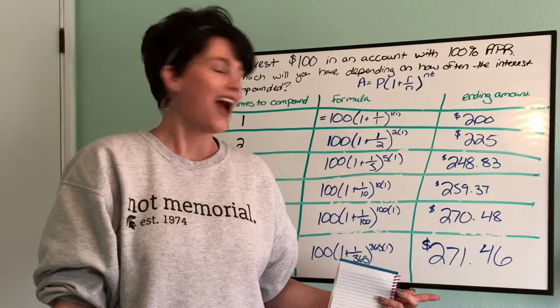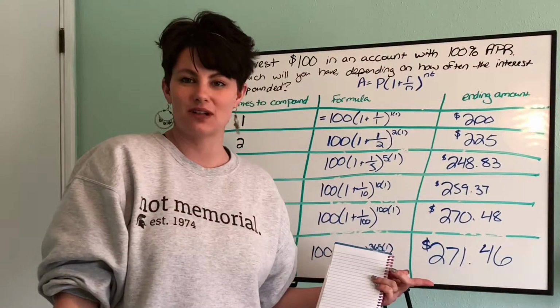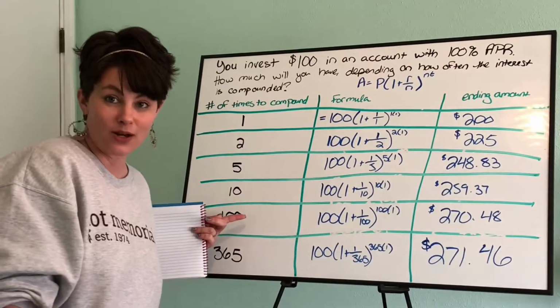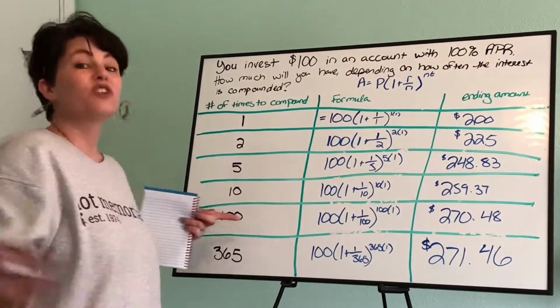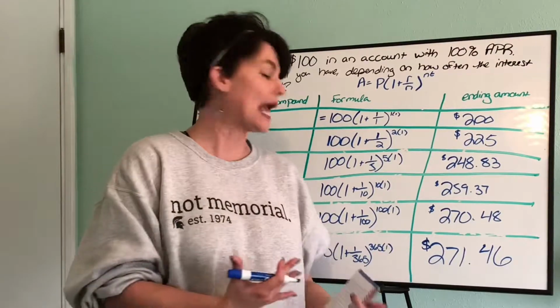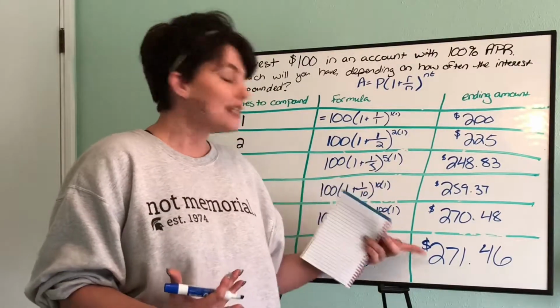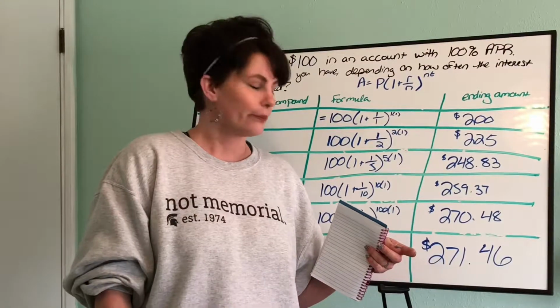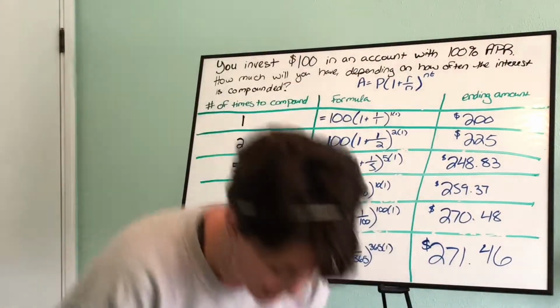What? I'm only going to have $271.46. You mean I took it from 100 times of compounding, like once every 3 days, to once every single day compounding, and I got less than $1 worth of improvement? Are you kidding me? Well, that's what Euler's constant is.